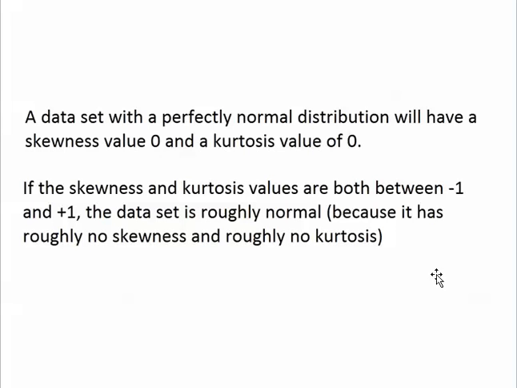And remember how a skewness value between -1 and +1 is roughly no skewness, and a kurtosis value between -1 and +1 is roughly no kurtosis. So if both values come out between -1 and +1, you have both roughly no skewness and roughly no kurtosis, which means that your data is roughly normal.